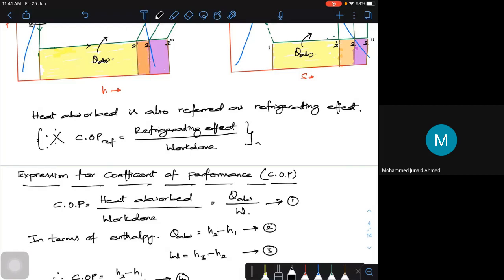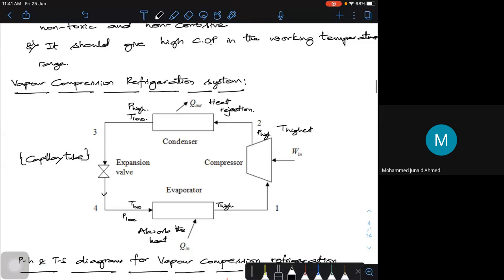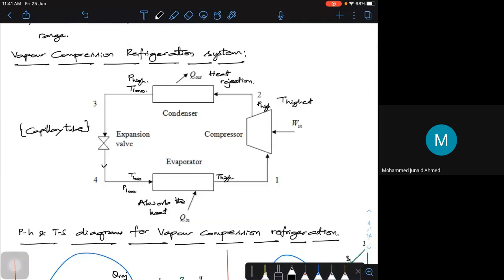This is simple. Someone asks you, explain a vapor compression refrigeration system. Put this block diagram and explain the four components. Evaporator, which is used to absorb the heat. Compressor, to compress the refrigerant from a lower pressure to a higher pressure, resulting in high pressure and temperature. Then we have a condenser, used to remove the heat at the same high pressure.